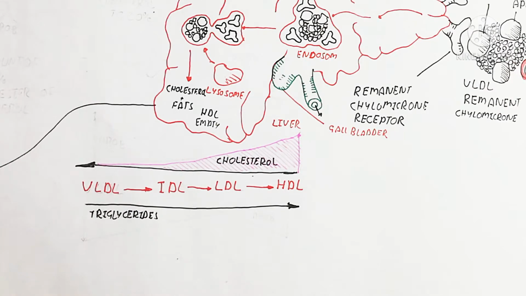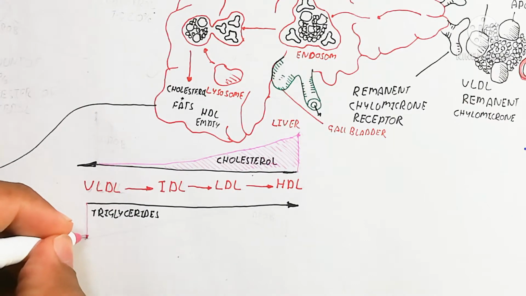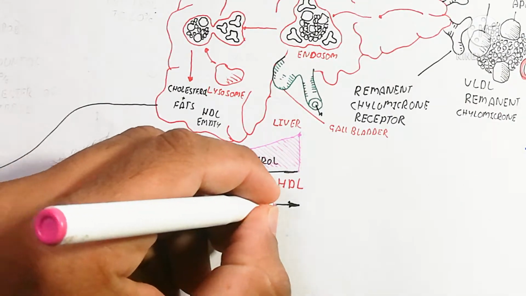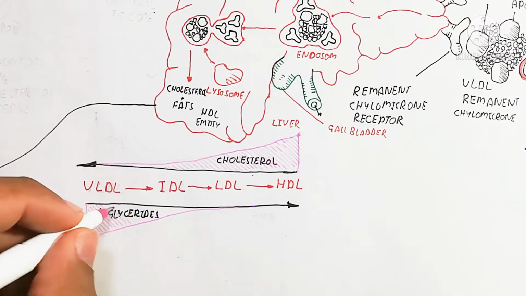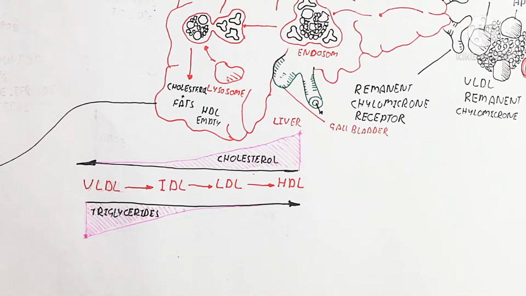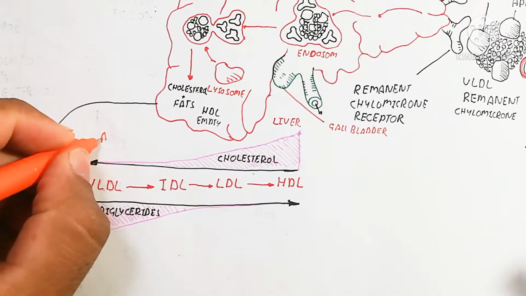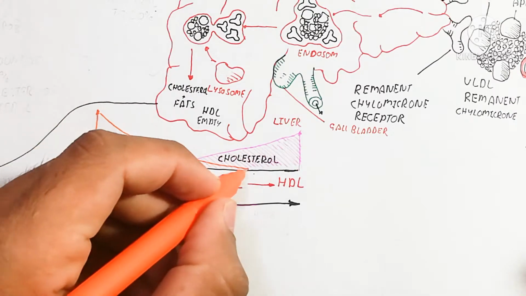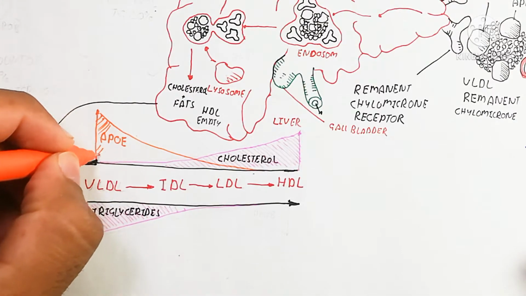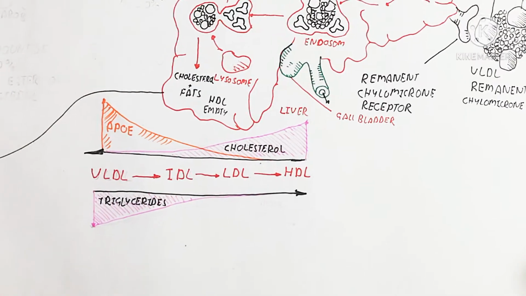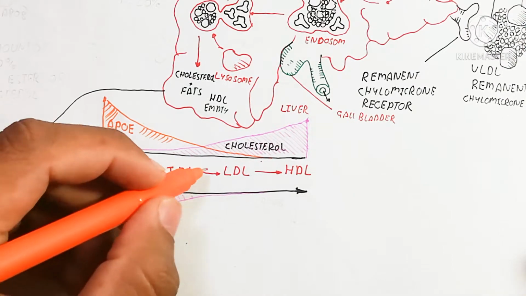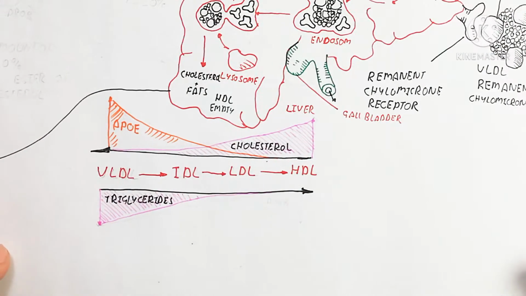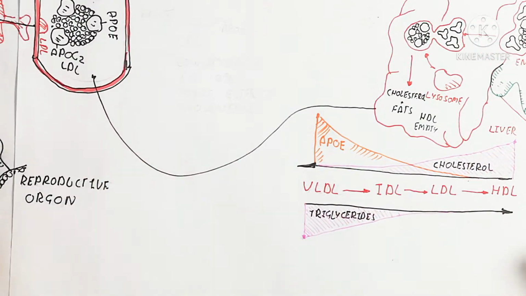So HDL comes from the liver and VLDL comes from the diet. So the triglyceride is maximum in the VLDL. On the other hand, IDL is decreased, LDL decreases more, and HDL has the very minimum amount of triglyceride. And the ApoE site, which is the receptor site, is the apoprotein which is used and increases from the VLDL side to the HDL side.